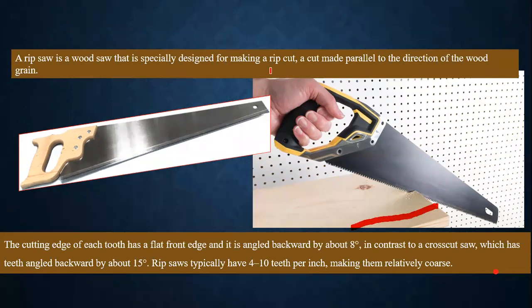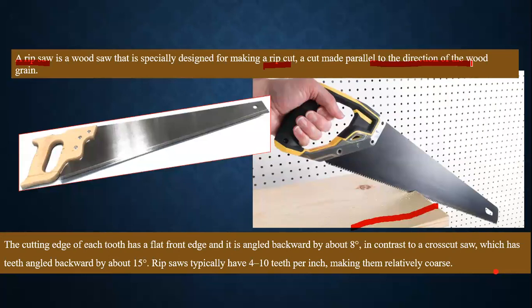And the saw we use for cutting that is the rip saw. So we use it to rip cut. So the rip saw is used for cutting wood along the grain of the wood. So here you can see it says the cut is made parallel to the direction of the wood. That means along the grain, the direction that the wood is flowing.